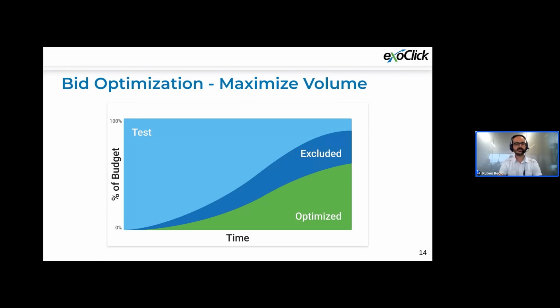Over time, of course, these test segments are going to be eventually excluded, and the system is going to optimize the bids of those segments that have reached a certain amount of data. But with maximized volume, we're still giving the system and the network enough time and enough flexibility to continue testing other segments.